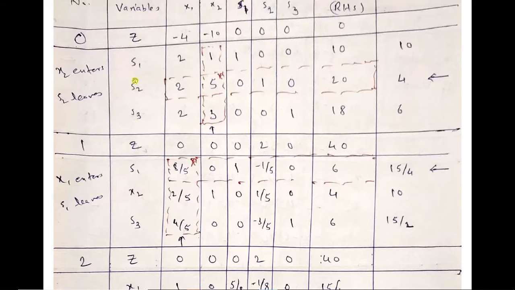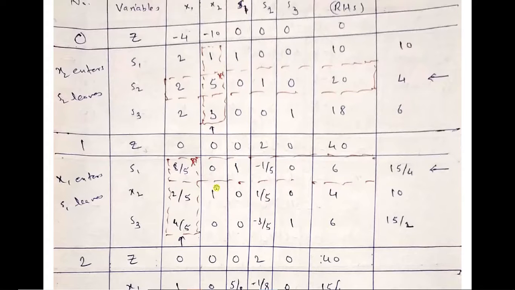Now here it is 1, here also it is 1. So operation for s1 is s1 minus x2. So 2 minus 2 by 5, 8 by 5.